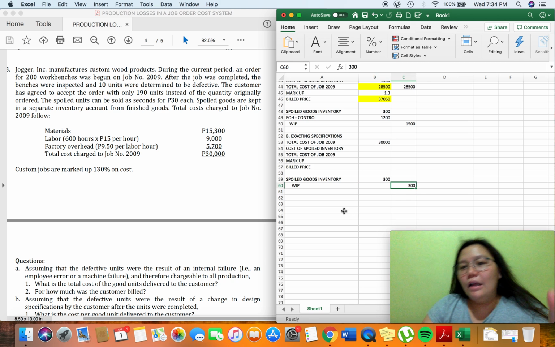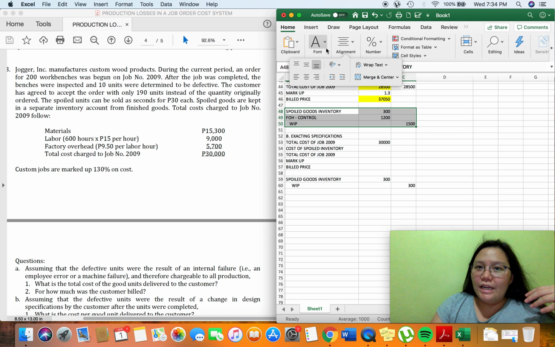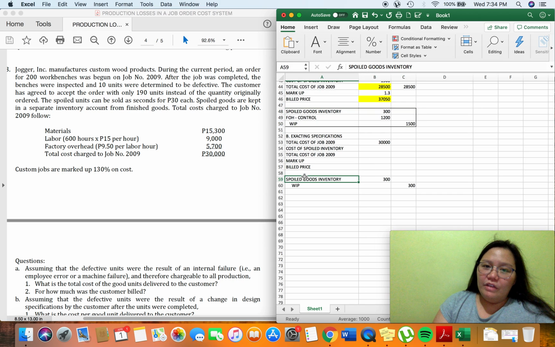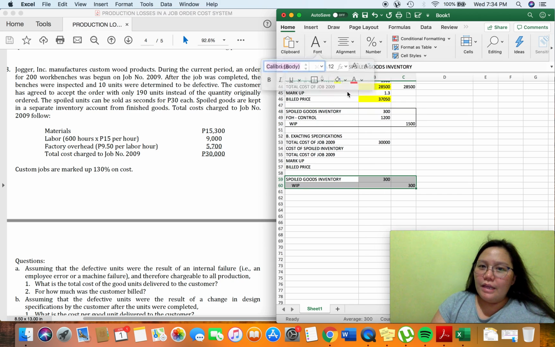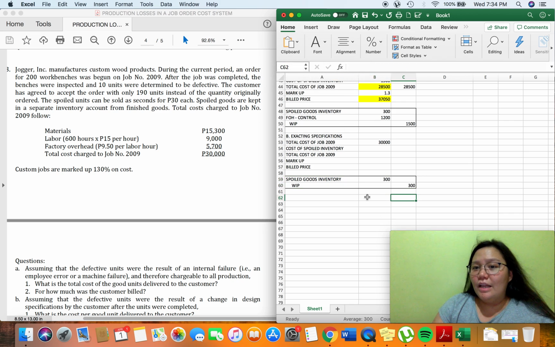Earlier, in this entry, we computed for the balancing figure, kasi hindi pa balance yung journal entry natin. But if it is the customer's fault, kung ano yung net realizable value nung spoiled goods inventory, yun lang din yung tatanggalin mo from the work in process inventory account.